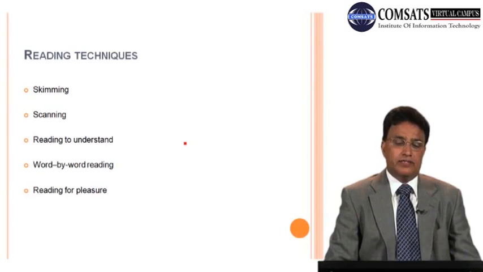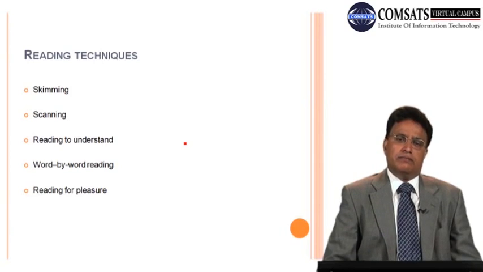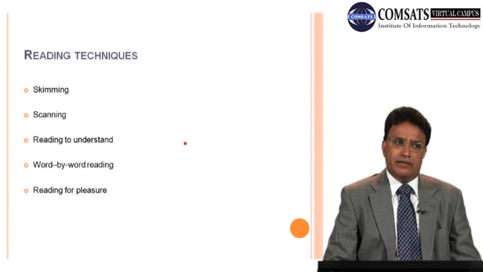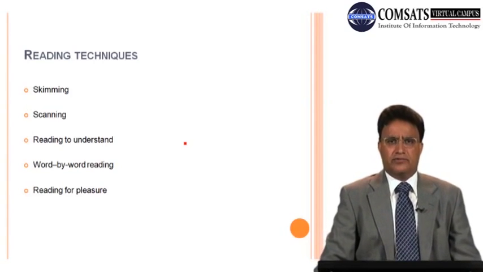The second kind of reading is called scanning. Scanning means looking for particular information. That could be looking for the title of a book, a specific date, or a particular name. This is the kind of reading you use, for example, in finding a telephone number in a directory.